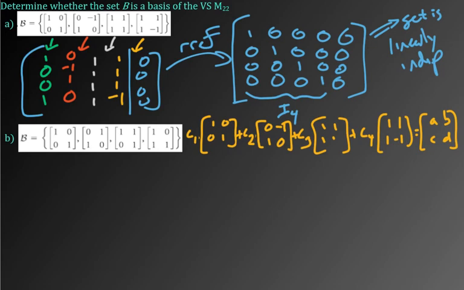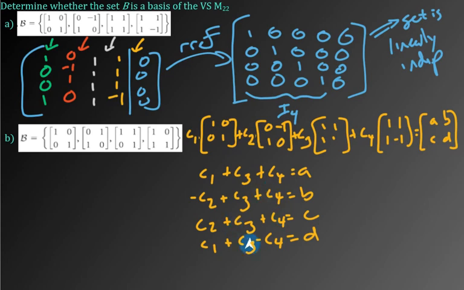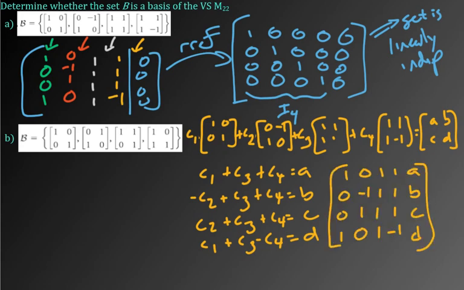And then from that, you can group like terms like this. Basically all it is is I'm just equating both sides. So I'm saying C1, right here, plus no C2, plus C3 plus C4 equals A, and so on and so on, which now is naturally turning into a matrix problem. We would get this.